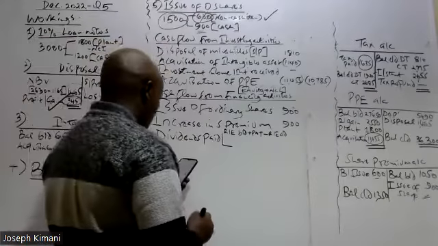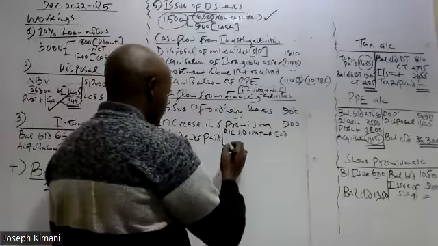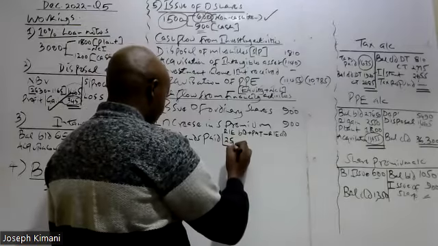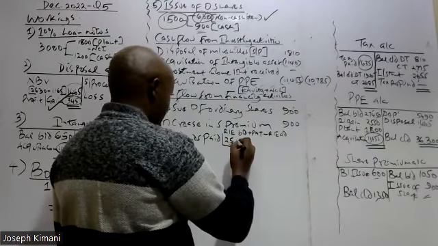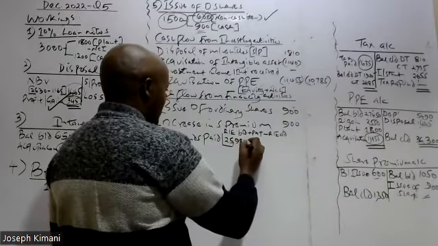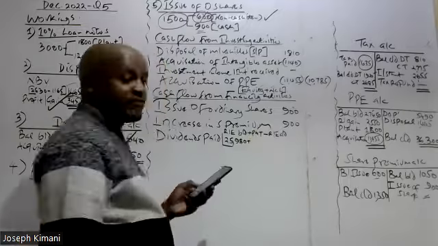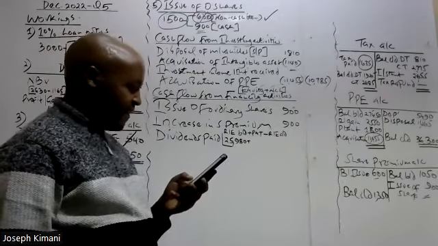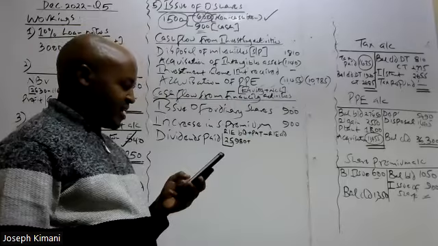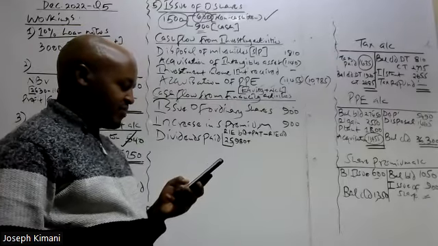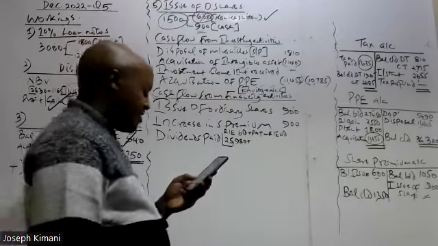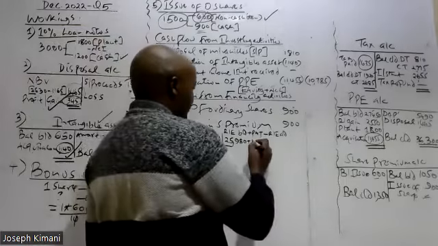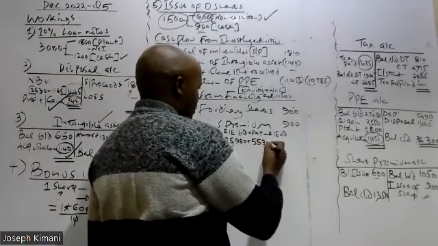So how much was the retained earnings at the start? 980. So to this we add the profit after tax. The profit after tax, we get it from the income statement. The profit after tax is the same as the profit for the year. Can you see that figure? It is 55.35.